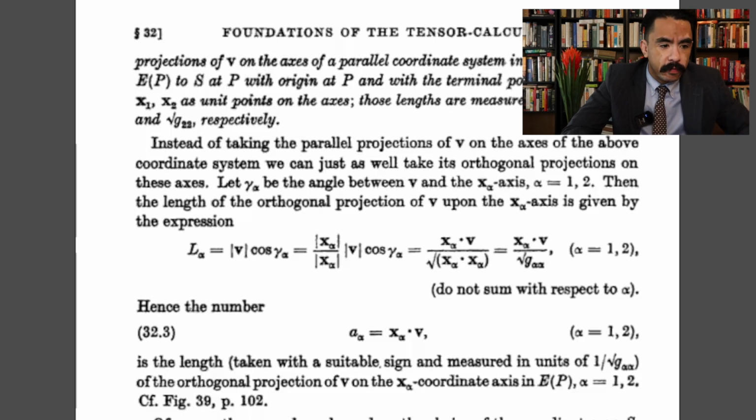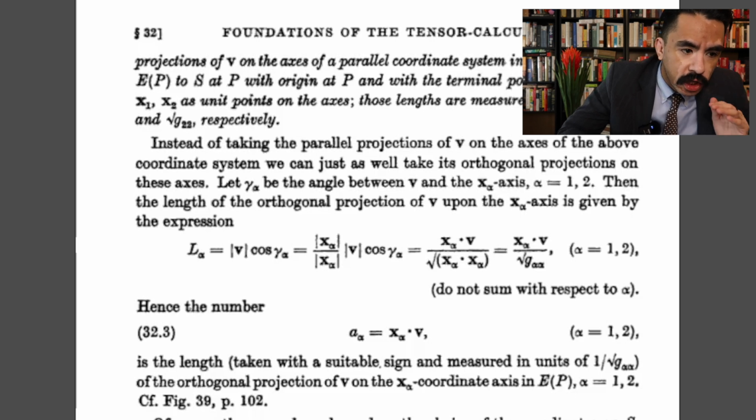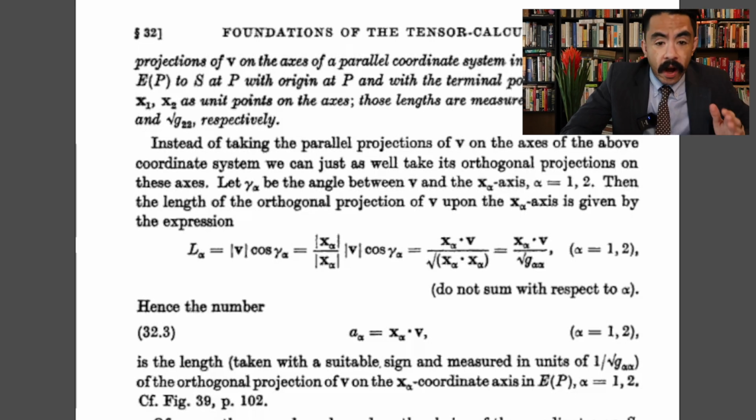This is equal to the fraction with numerator x sub alpha dot v over the square root of g sub alpha alpha, where alpha is equal to 1 or 2.